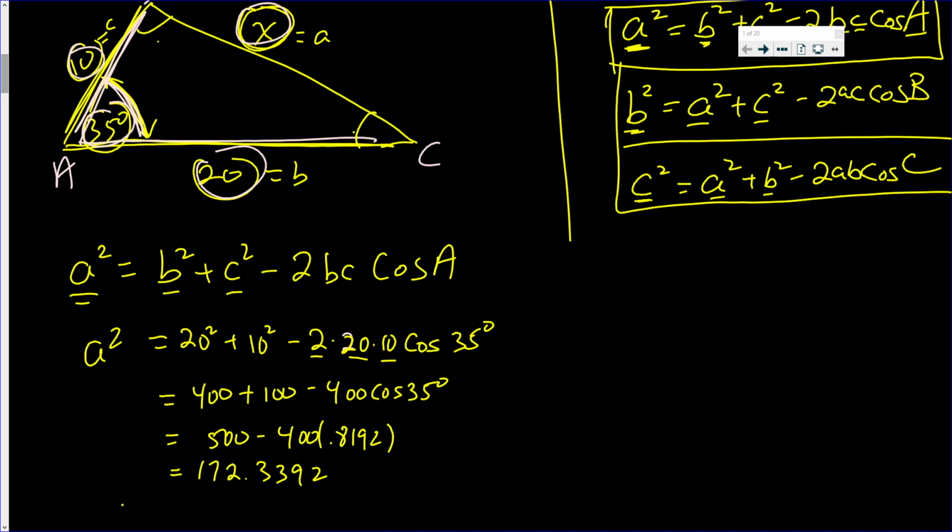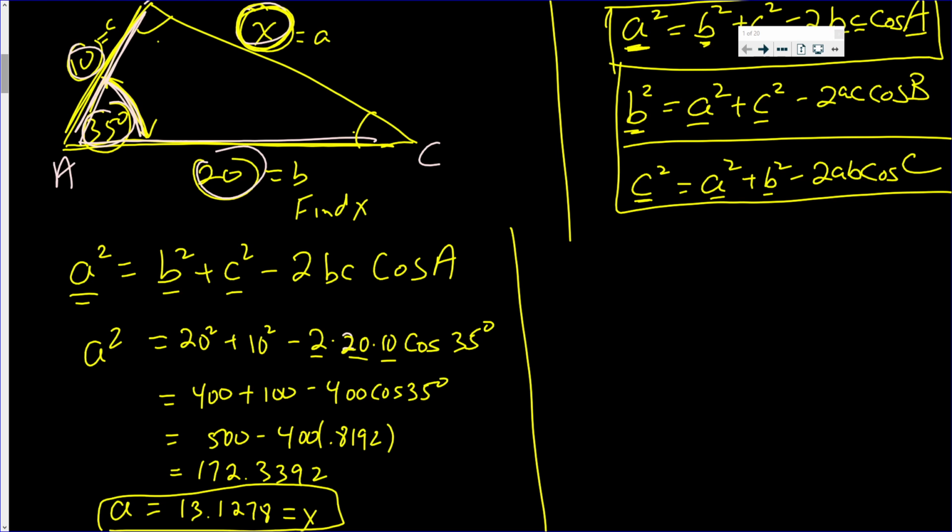But that's A squared. A is going to be the square root of that, which is 13.1278. So since they asked us to find x, let's call it x. The instructions were to find x, to find that value. And we did, and we used the law of cosines to do so.